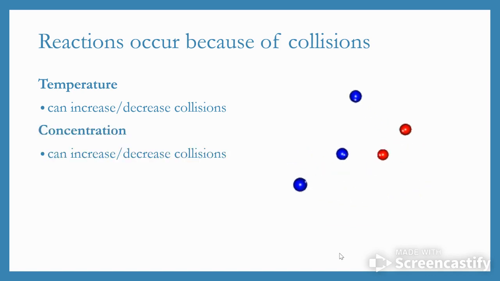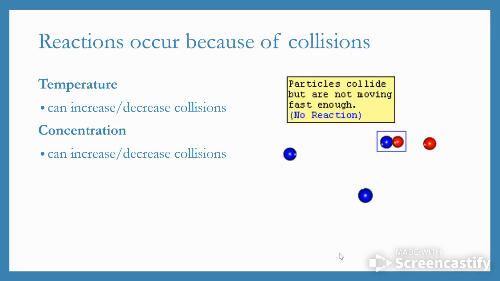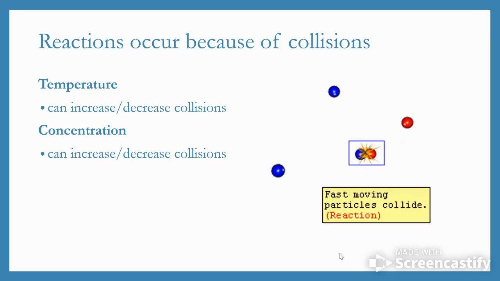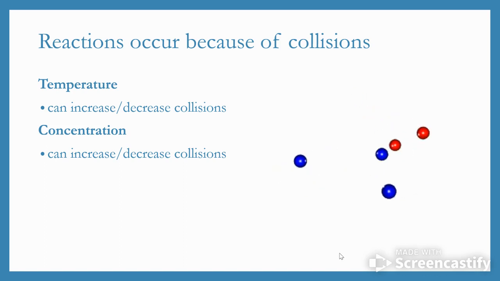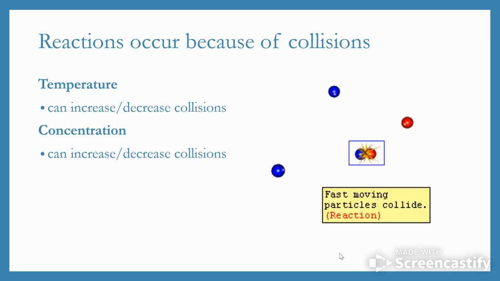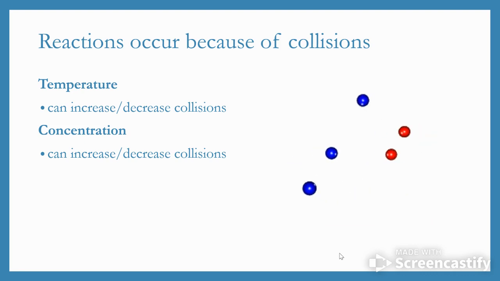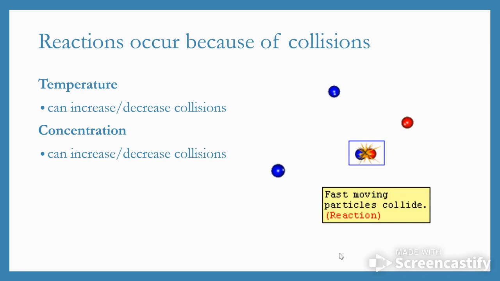Concentration would have a similar effect. If there were more chemicals in a given space, there would be more collisions and therefore a higher reaction rate and faster reactions. If you decrease the concentration, have more liquid in a solution than chemical, then the collisions wouldn't happen as frequently because they'd be harder to find each other.